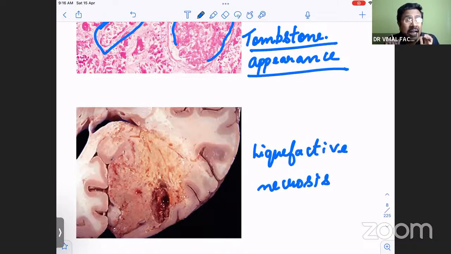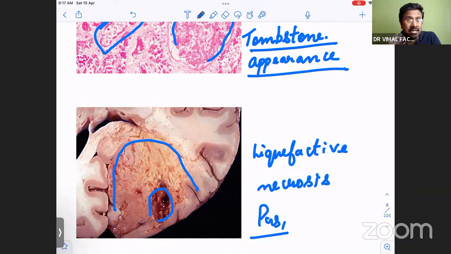The other name for liquefactive necrosis is colliquative necrosis. The necrosed part converts into a cystic cavity, and you can see the liquefaction.